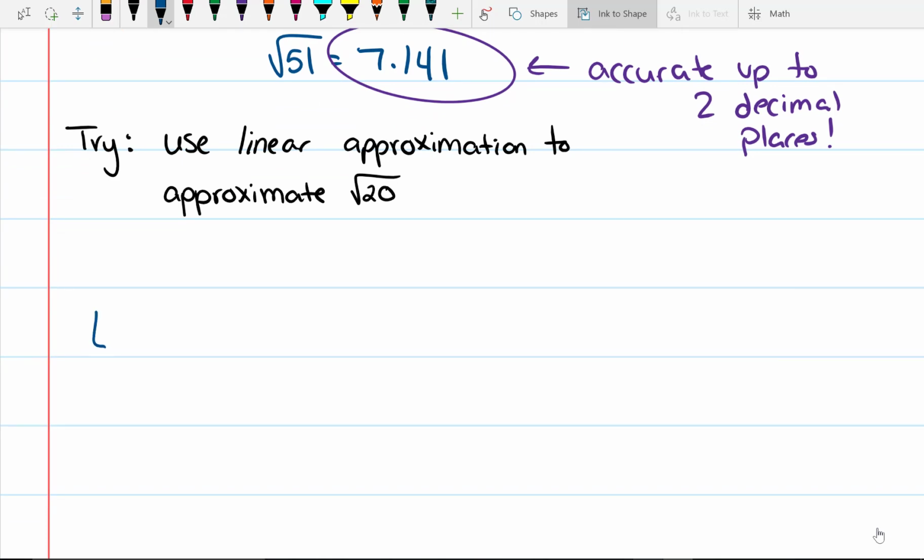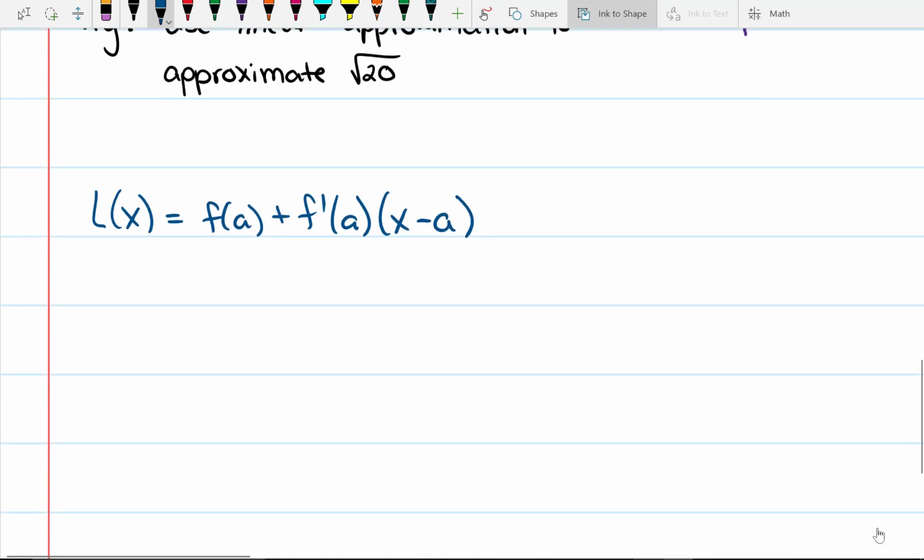We know that the formula for linearization is L of x is equal to f of a plus f prime of a times x minus a. Now let's talk about the square root of 20. We know 20 is close to 25 and 16.